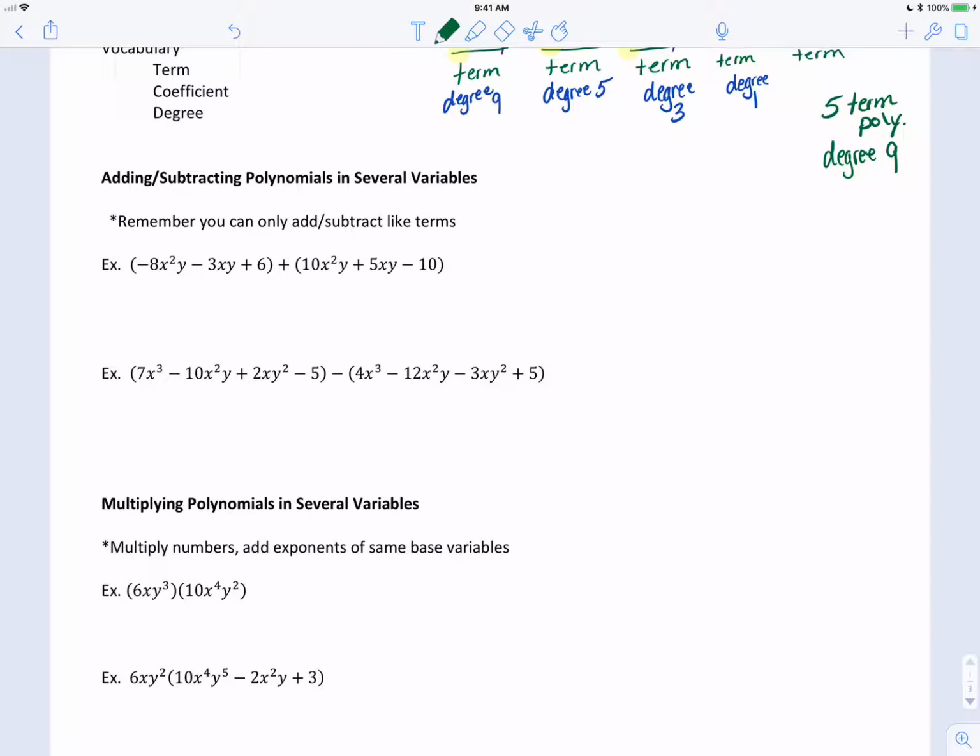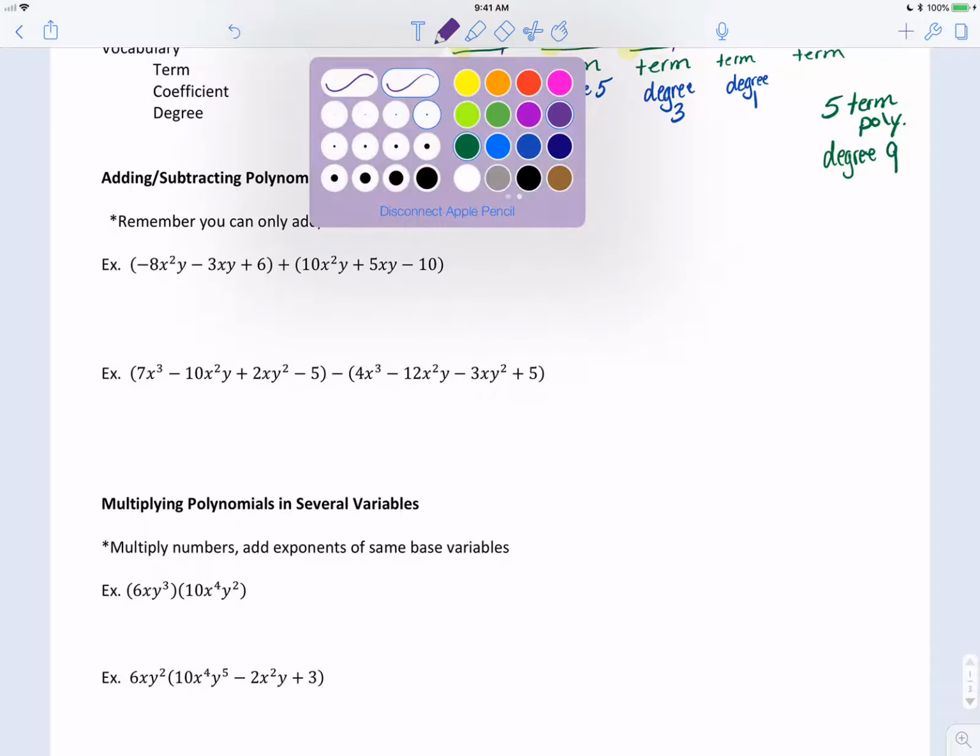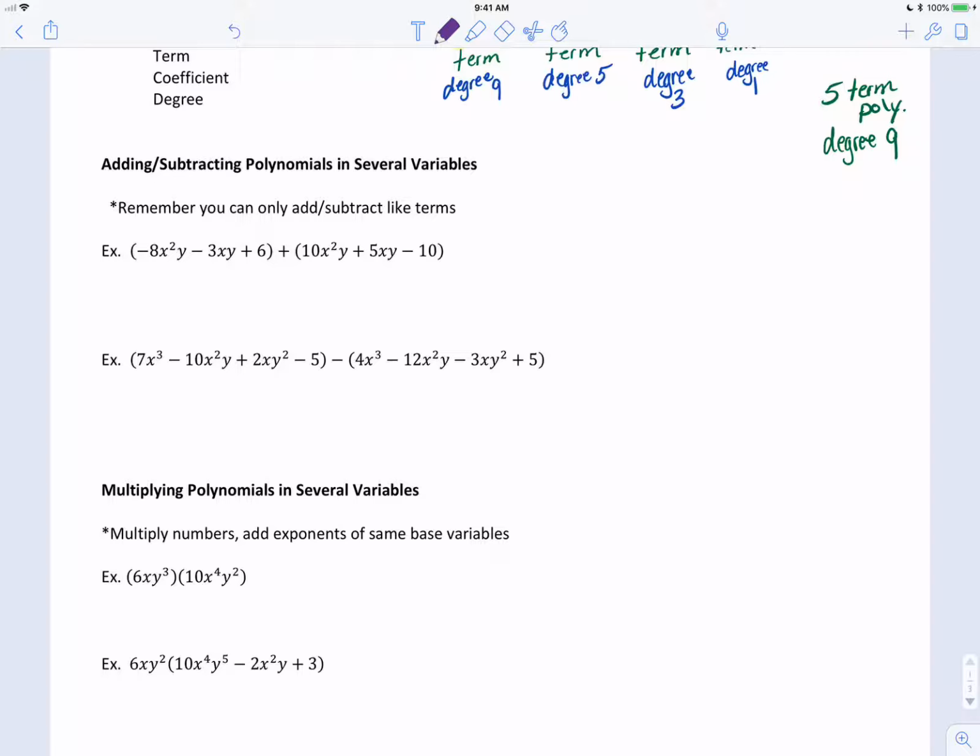Okay, so remember that we can only add and subtract like terms, and that means same variable with same exponents when we're adding and subtracting. Okay, so this term, we've got negative 8x squared y minus 3xy plus 6.